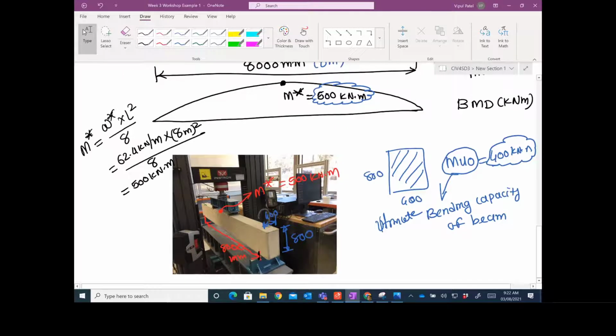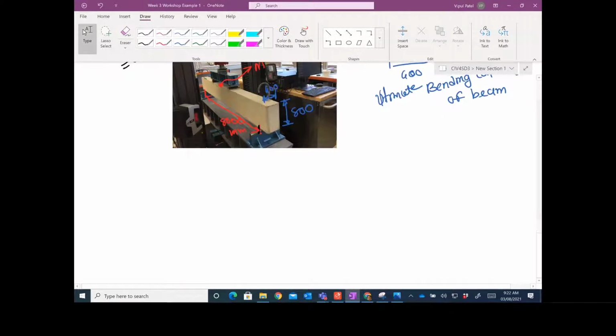So my question is, is this beam size adequate or not adequate? Because you have MUO, which is 400 kilonewton per meter, which is less than your M star, which is 500 kilonewton per meter. So is the beam adequate or not adequate?